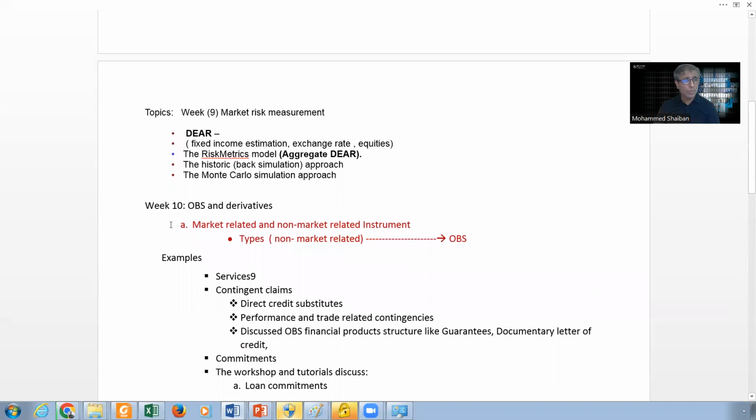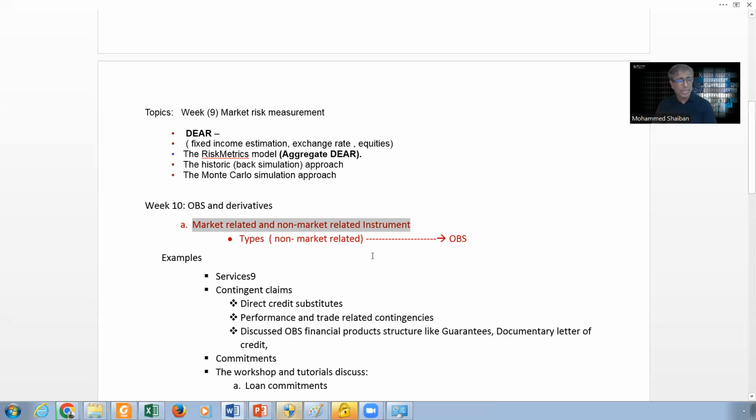Now, in week 10, we talked about OPS and derivatives. The first thing we started to talk about is market related and non-market related. We talked about contingent liabilities like credit substitutes or performance substitutes.